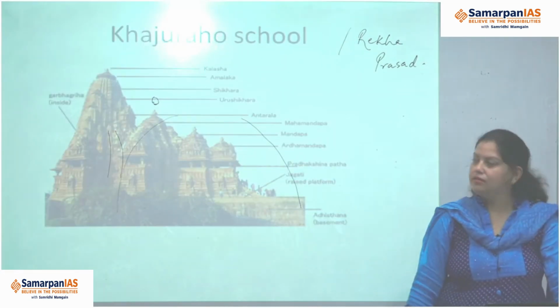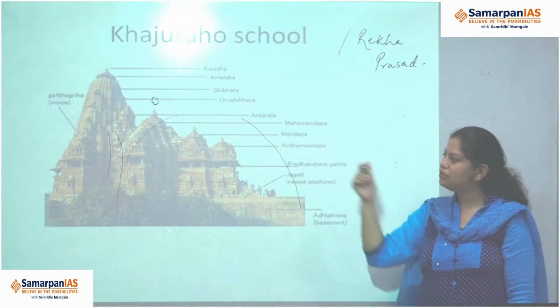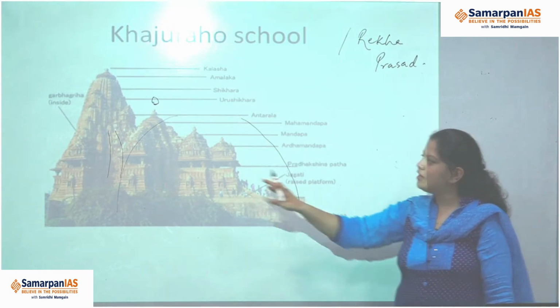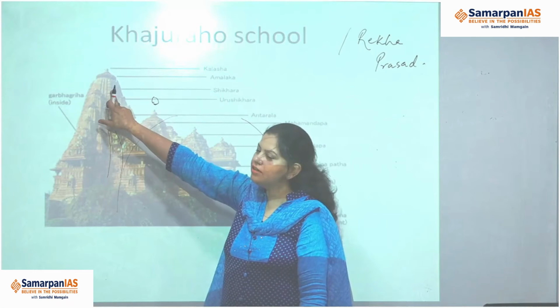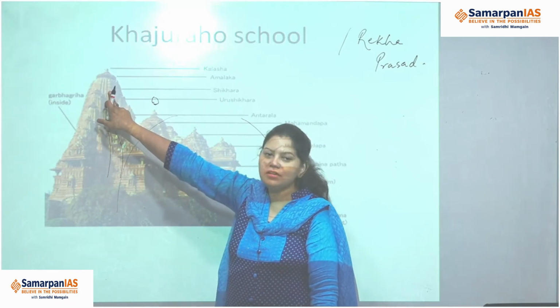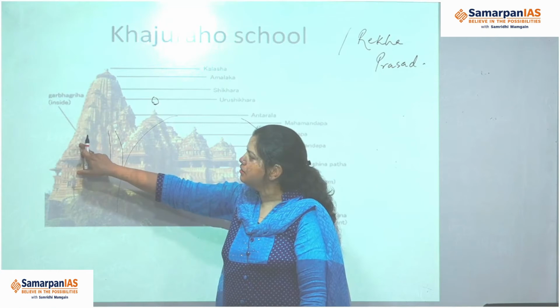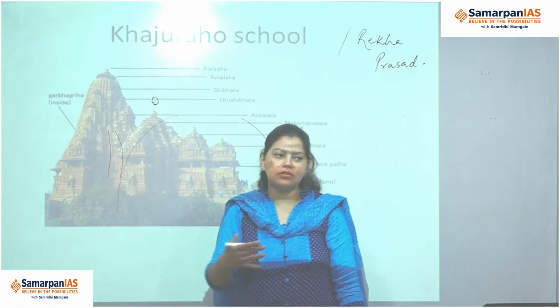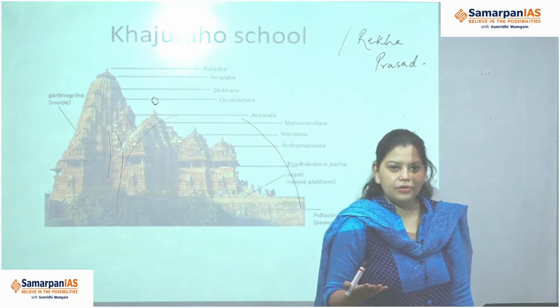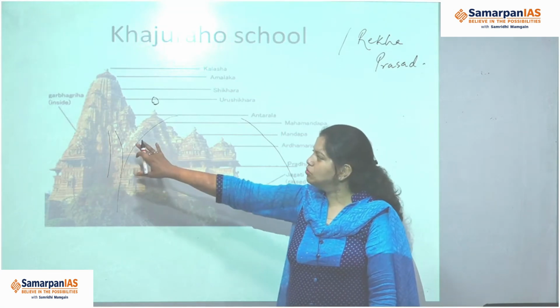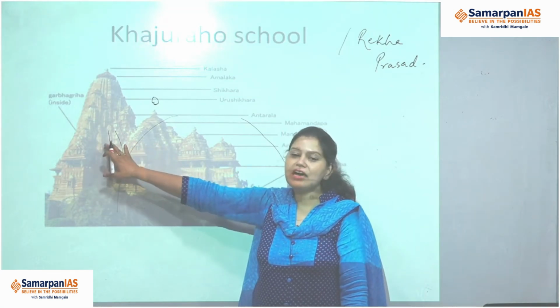Here you can see what you can notice in this temple. Many towers are there. This is the main shikhar. Which type of shikhar? Latina, that we are studying. But you can see, to give it a more beautiful look, and this temple is dedicated to Lord Shiva, to give it a look of the Kailash mountain.